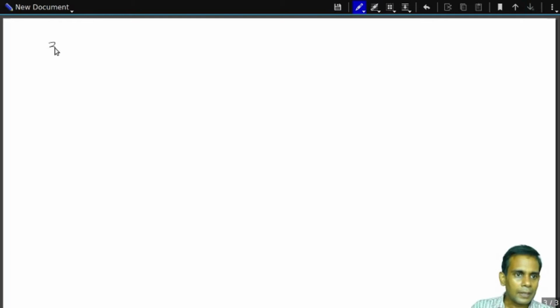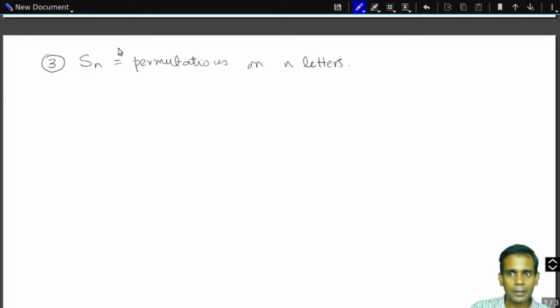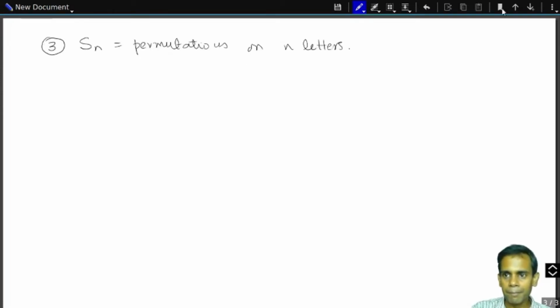Now let's look at a slightly more interesting example. We already know about this group Sn, permutations on n letters. Now I'll define a homomorphism from this to the group of the previous page. Let's give this a name.